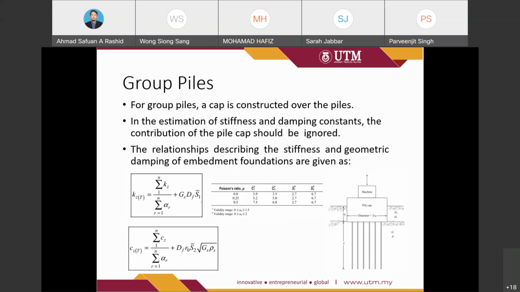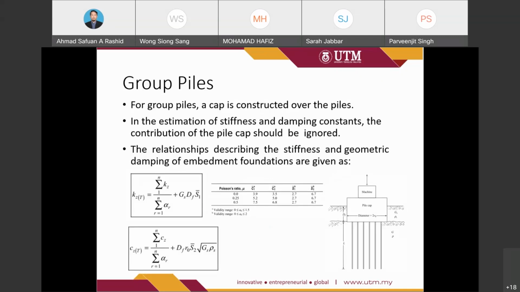All these values we may refer to the value of the Poisson ratio. And then for the CZ as well, so CZ over alpha R plus DF R naught S2, which is this one, over GS over rho S.